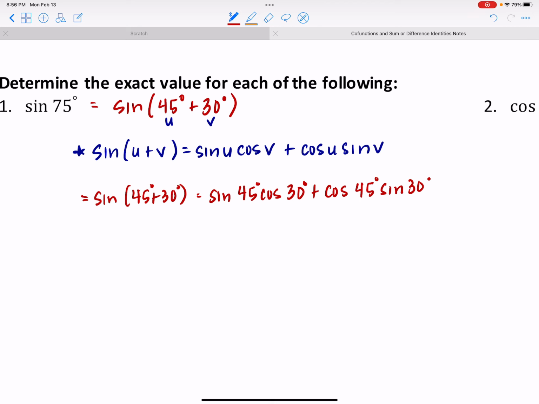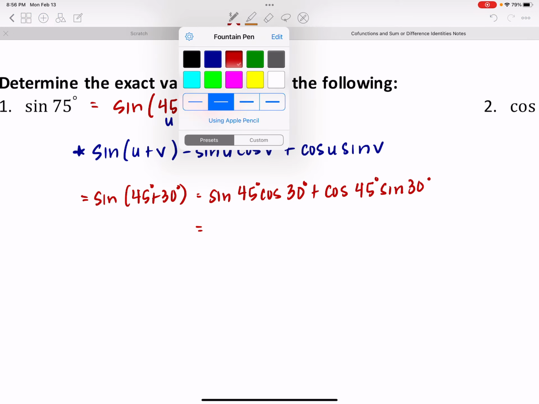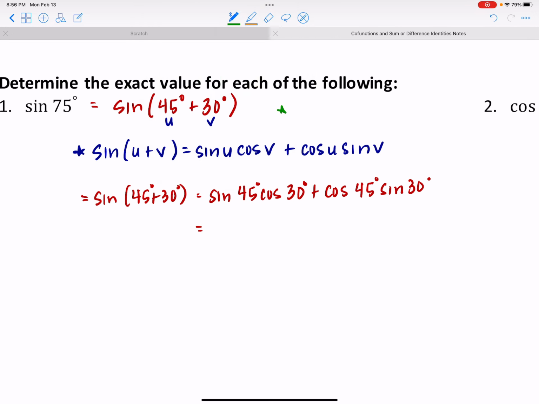Okay, so let's simplify this. Because the sine of 45 and the cosine of 30, cosine of 45, sine of 30, these are all things I can get directly from the unit circle.